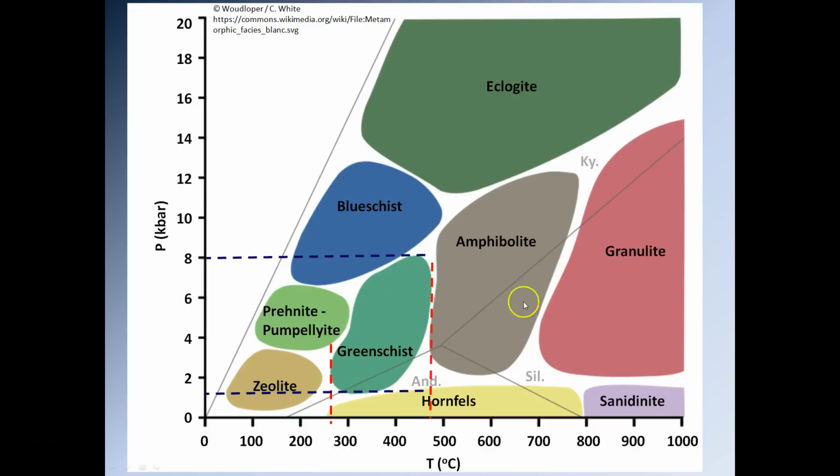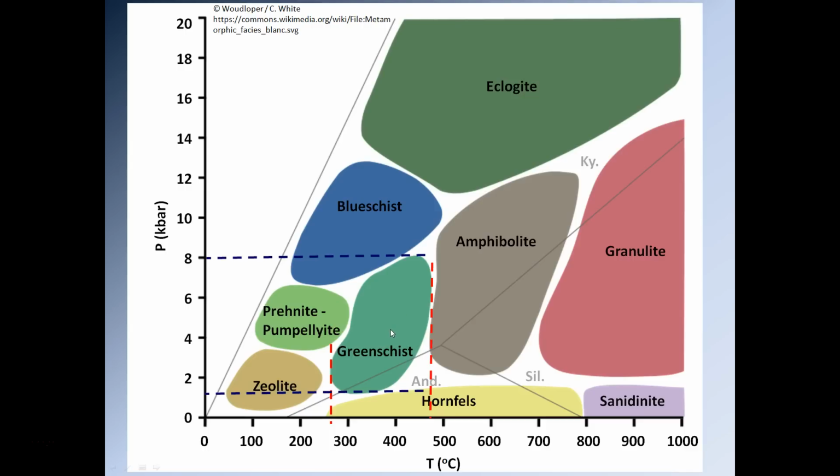You can see for each of these facies there's a minimum pressure, maximum pressure, minimum temperature, and maximum temperature. Any rock that achieves these pressures and temperatures will be defined as having achieved that facies. So if I was to take a mudstone to 400 Celsius and 4 kilobars pressure, the point's going to be around here.